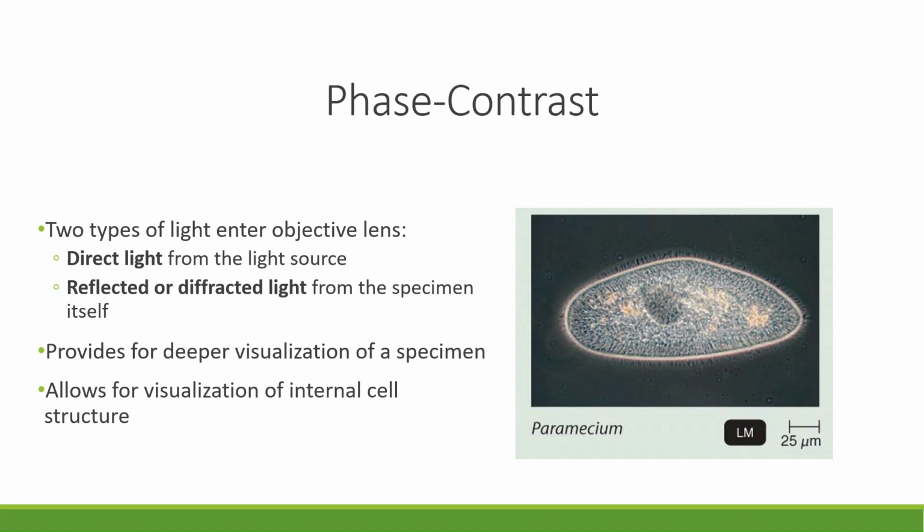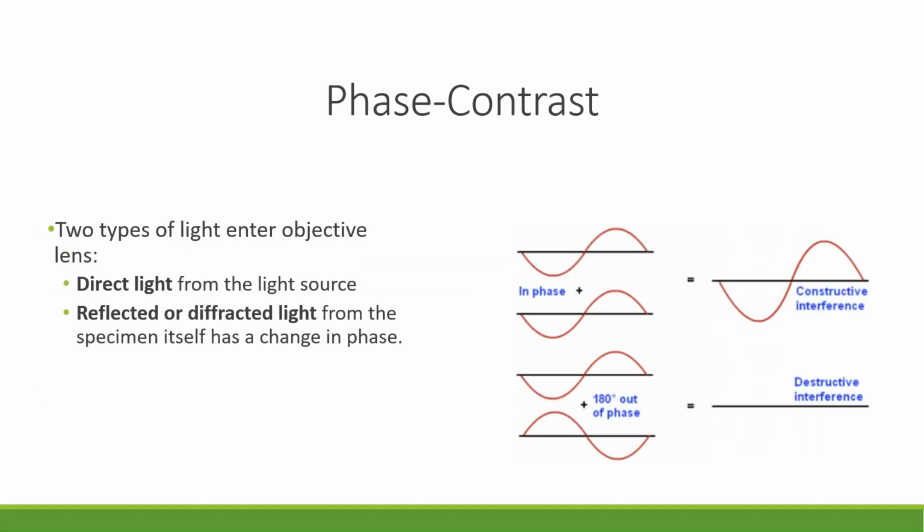So, what do I mean by altering the phases in phase contrast? Well, imagine waves in an ocean. If two waves are moving in the same direction and they come together and overlap each other, they can cancel each other out or make each other stronger. If you look at the image here, if the waves are both going up and down at the same time at the top there, they reinforce each other and lead to what is called constructive interference.